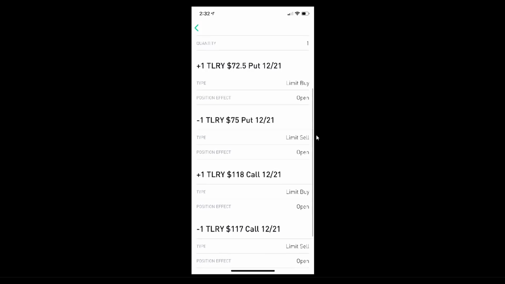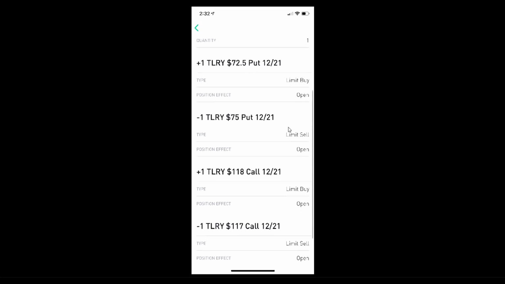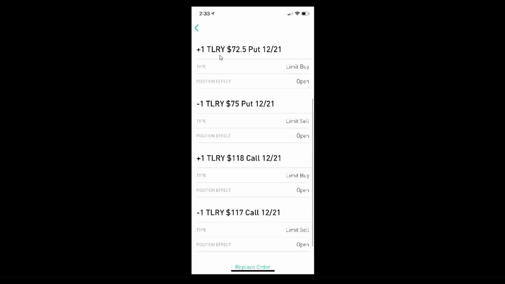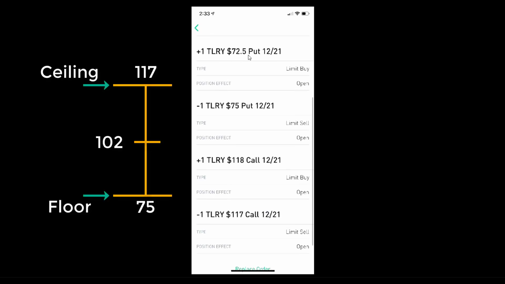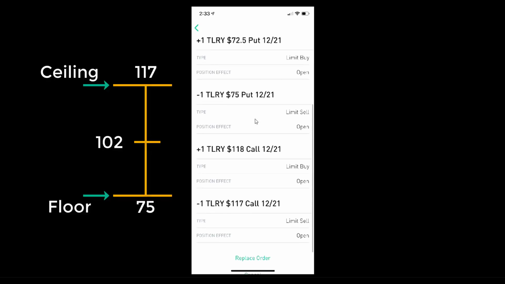All right, in closing, I want you guys to get this because this is important, okay? I bought the 72.50, I sold the 75. That's my bottom half of the leg, all right? I can't have it go below 75. If it starts to go below 75, even if it's above the 72.50, so let's say 74, I've still lost money in the option, okay?